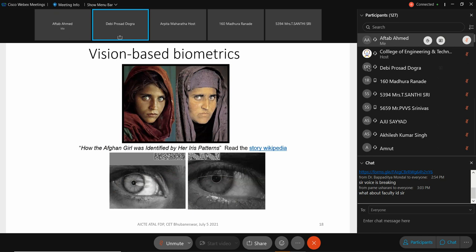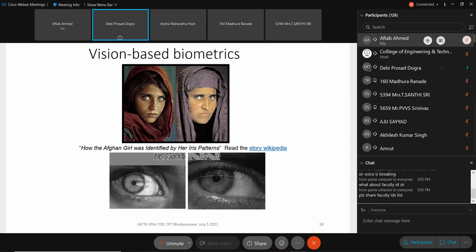Vision-based biometrics is part of healthcare as well. It can be used in security and in healthcare. In security, in a typical immigration setting, you can use vision-based biometrics to identify whether the person entering or exiting the country has a DNA footprint or iris footprint that matches the recorded database or not.